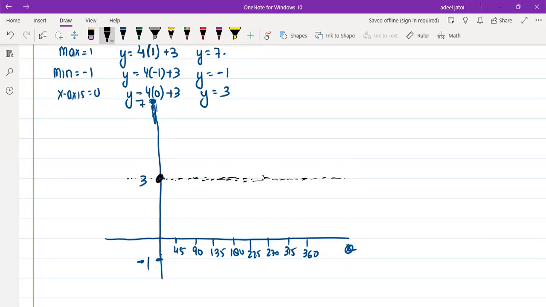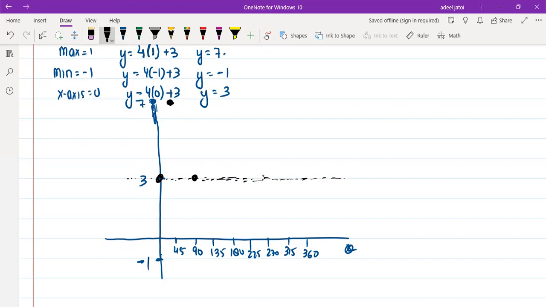On 45, you used to have maximum value. Now the maximum value has been shifted to where? 7. On 90, we used to have 0, because on 180 it was 0, and 180 divided by 2 gives 0 on 90. But now this x-axis has been shifted, so 0 will be on 3.